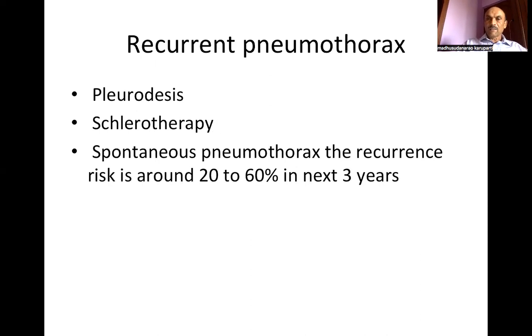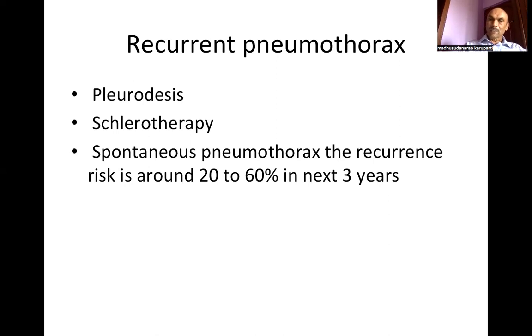Recurrent pneumothorax. When you encounter a patient with recurrent pneumothorax, you proceed with pleurodesis, or sclerotherapy. In patients with spontaneous pneumothorax, the recurrence risk is found to be around 20 to 60% in the next 3 years.